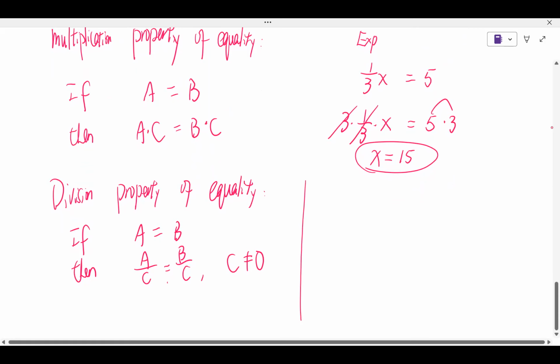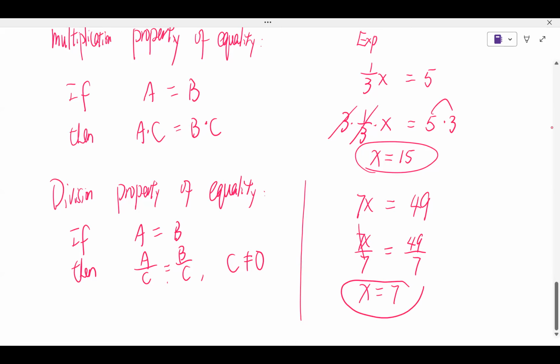For example, let's say we have 7x equals 49. To get rid of the 7, we divide 7x by 7, get rid of the coefficient, and divide 49 by 7. If we cancel the 7, then x is by itself, and 49 divided by 7 is 7. Okay. Any questions about this?